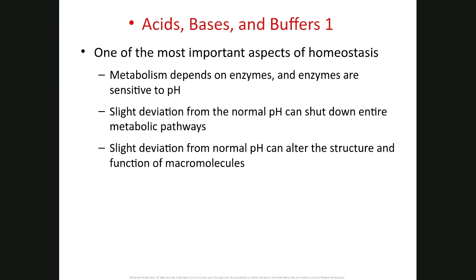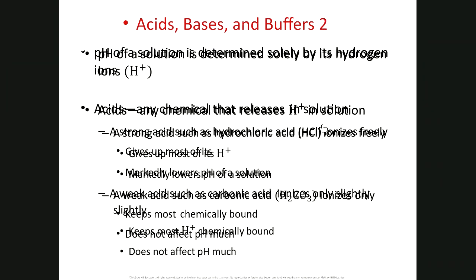Metabolism has a lot of enzymes, which are sensitive to pH. Any deviation can either slow down metabolism or increase metabolism. Now, acids are chemicals that release H ions because they have a lot of H ions.